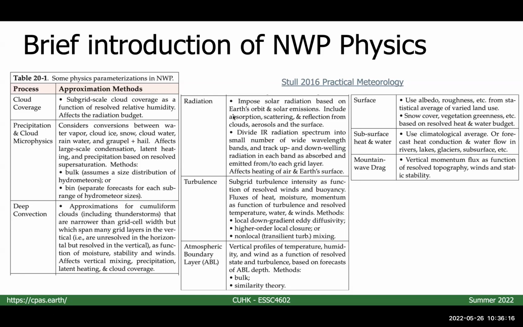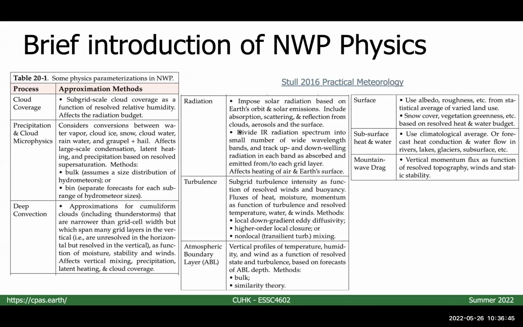And then radiation: it needs to calculate the angle sunlight shines on the Earth according to Earth's orbit and the season and the day and time. And this radiation scheme needs to handle absorption, scattering, and refraction from cloud, aerosol, and the surface.